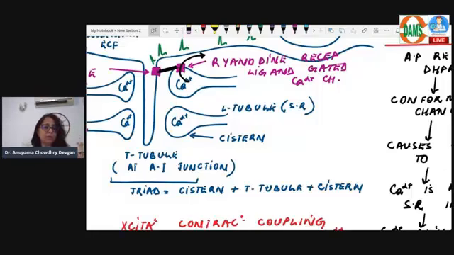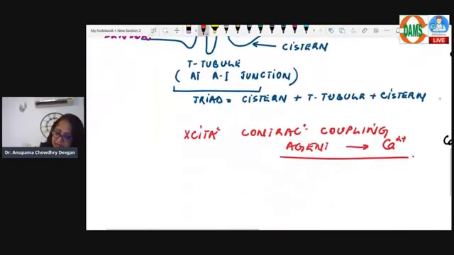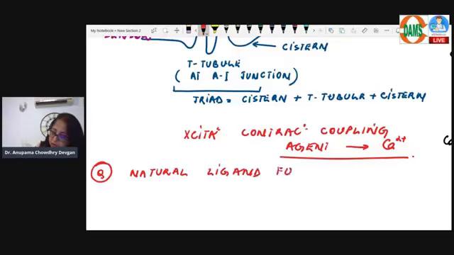Now a few important points. I said the ryanodine receptor is a ligand-gated channel. So my first question is, what is the natural ligand for the ryanodine receptor?